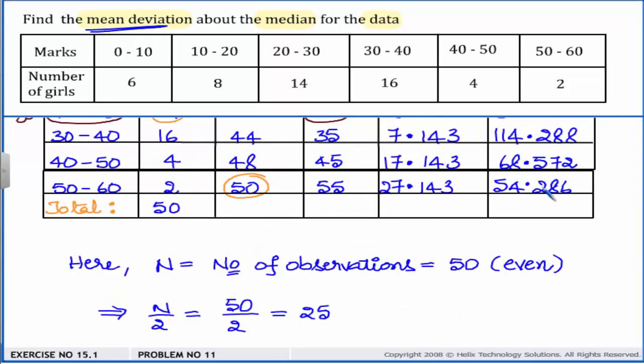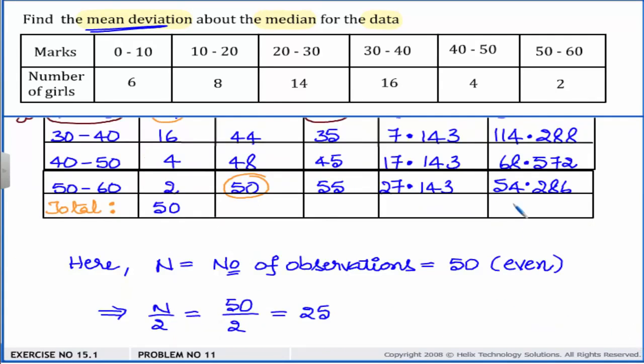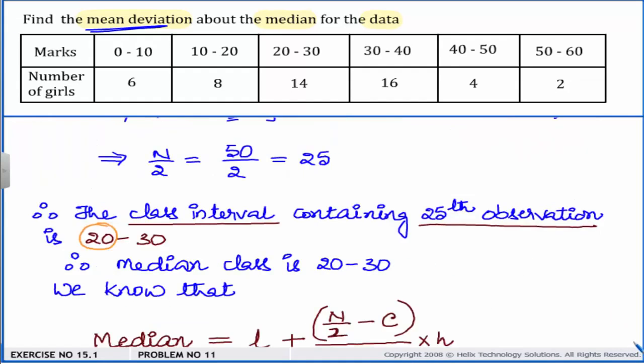Now, the summation of Fi into modulus of xi minus m is 517.142. Since we have got the summation, let us find out the mean deviation about the median.